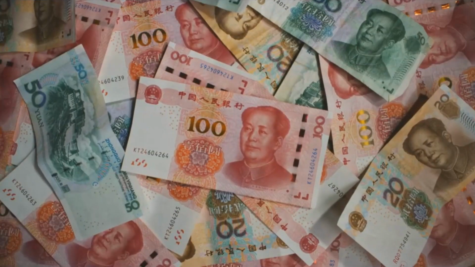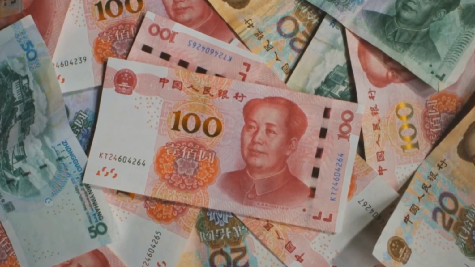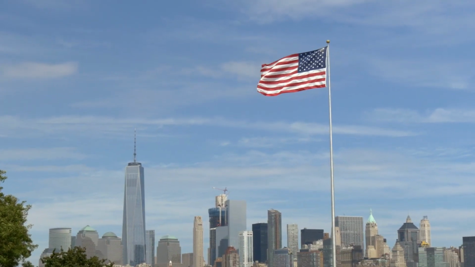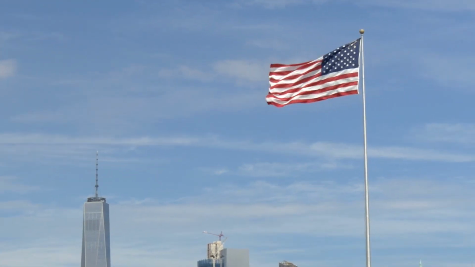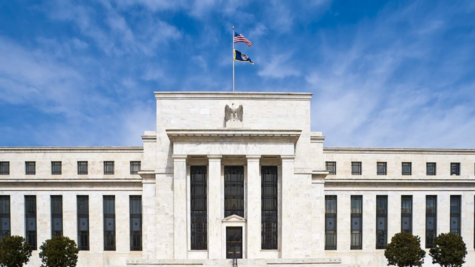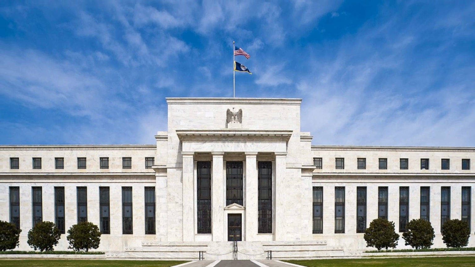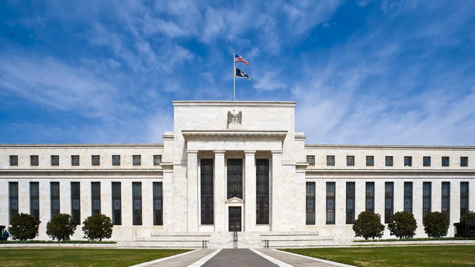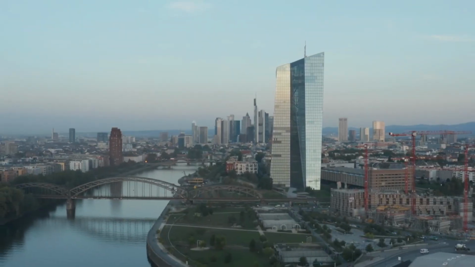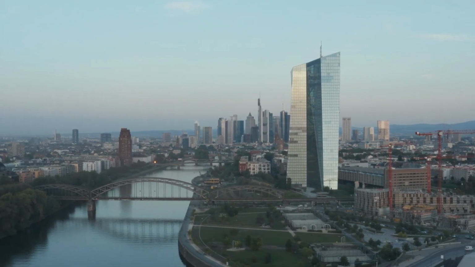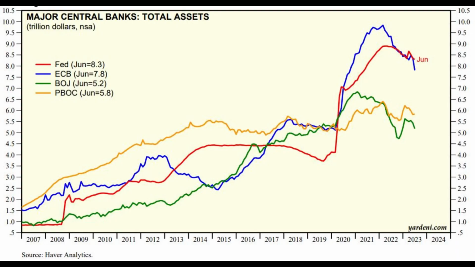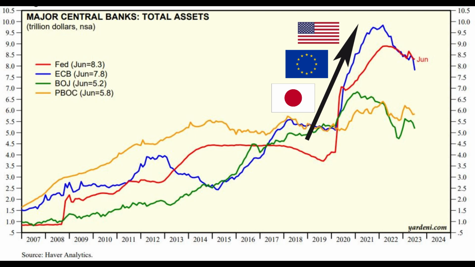To understand why China's inflation rate and money supply differ from that of the US and the other economies, we can simply look at their respective central bank balance sheets. During the pandemic period, the central banks in the US, Japan, and the Euro area implemented extraordinary stimulus measures. They expanded their balance sheets, meaning that the Federal Reserve, European Central Bank, and the Bank of Japan were all injecting money into their banking systems.